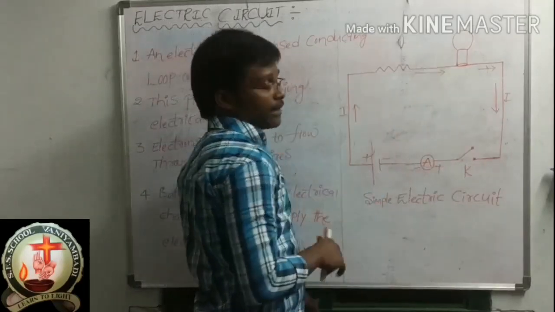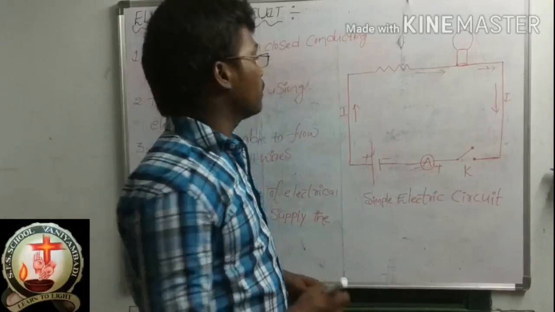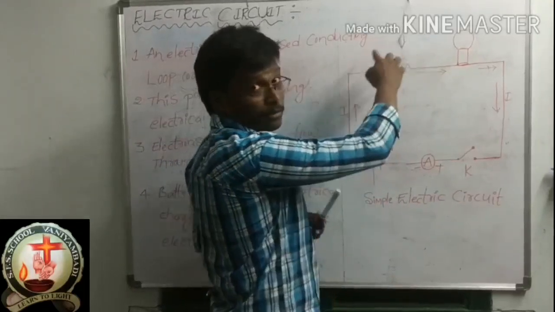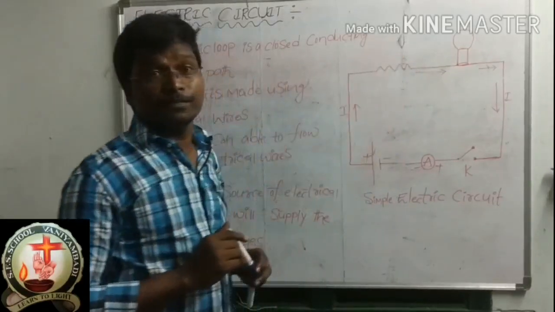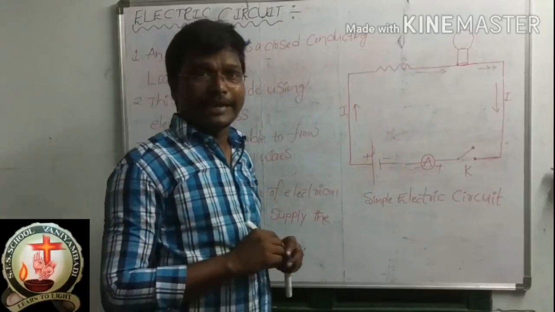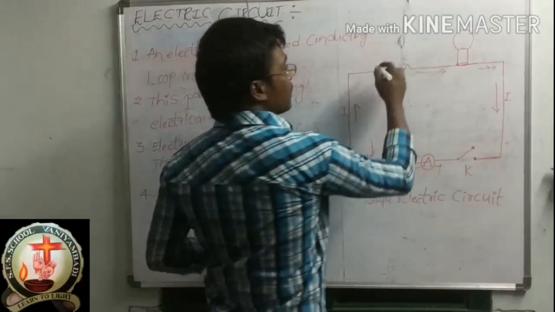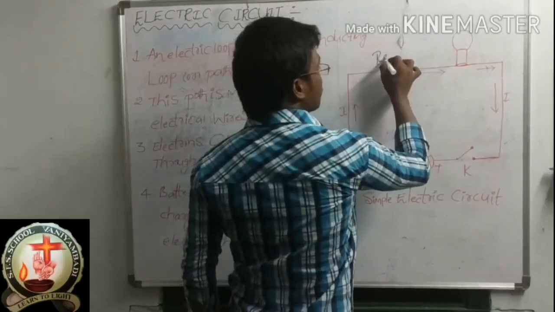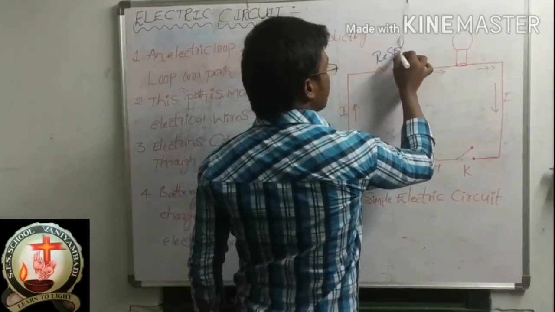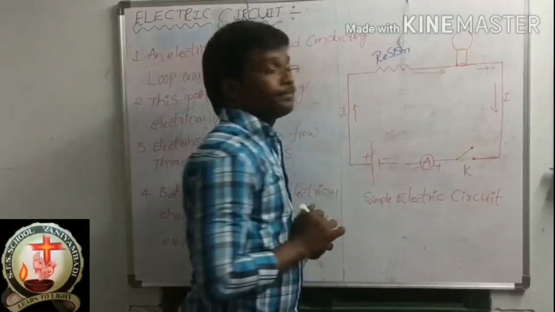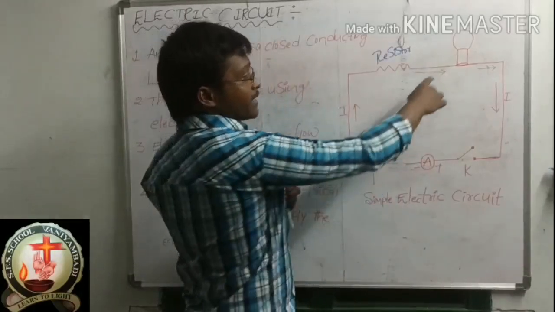In this electrical circuit, this is the resistor. What is that? Resistor. Okay. This is the bulb.